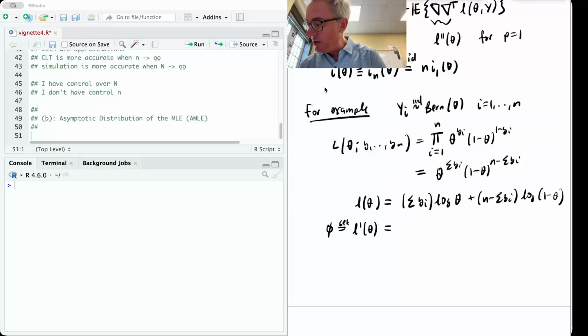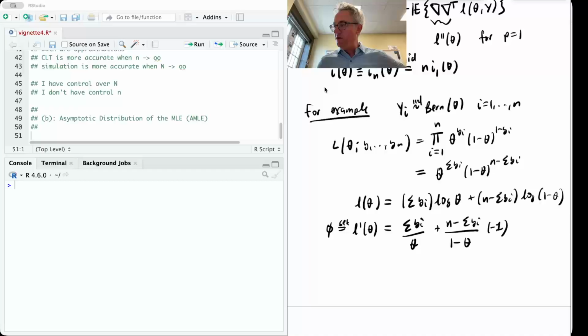So differentiating log of theta is 1 over theta. So I've got sum of yi over theta plus n minus the sum of yi over 1 minus theta. All of that times -1 because of the derivative of 1 minus theta by the chain rule.